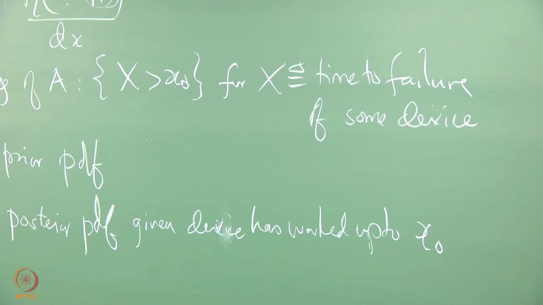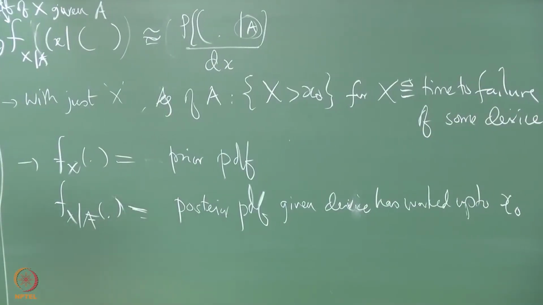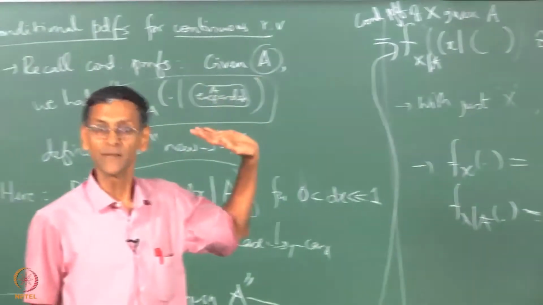So what is the new omega_X obviously in this case? If you know that it has worked up to x naught, the new range is from x naught to infinity, assuming that the original omega_X went up to infinity.